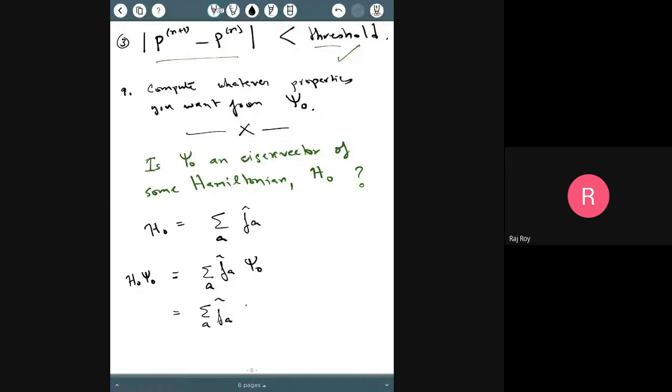If you remember the shorthand notation that we had used, so this was the Slater determinant representation.